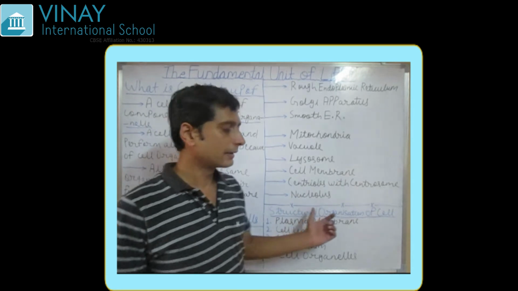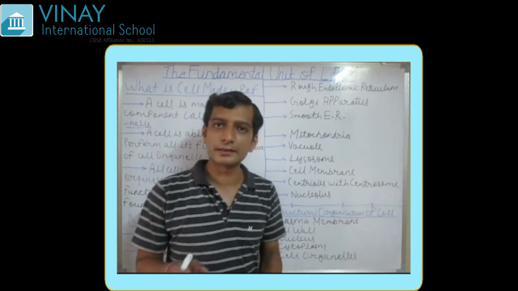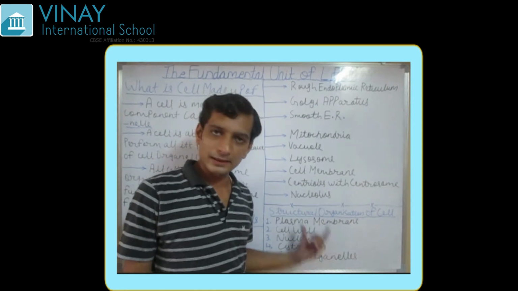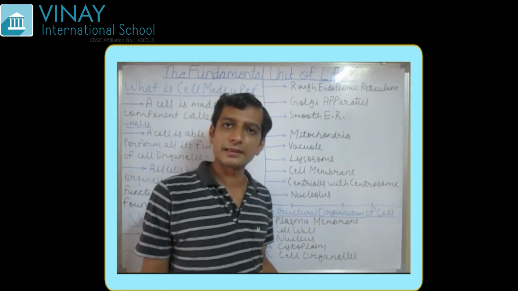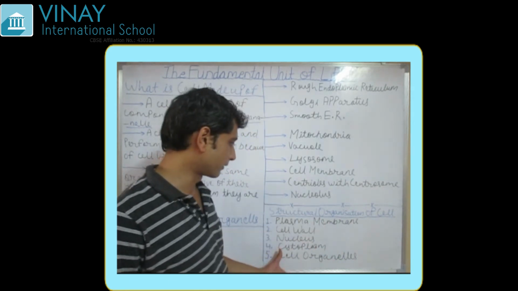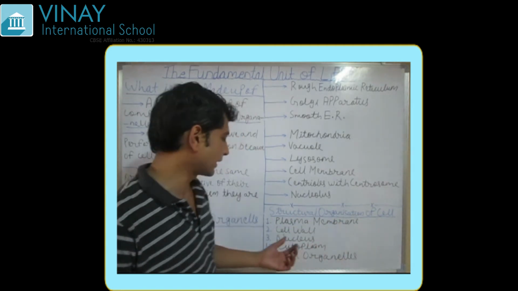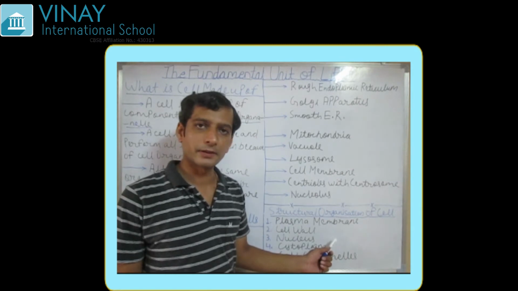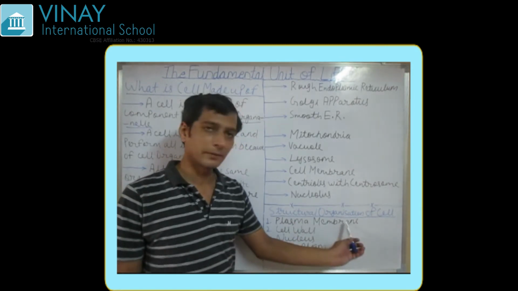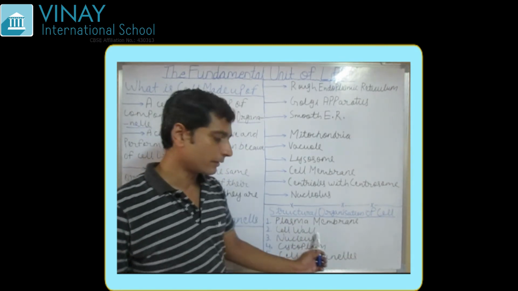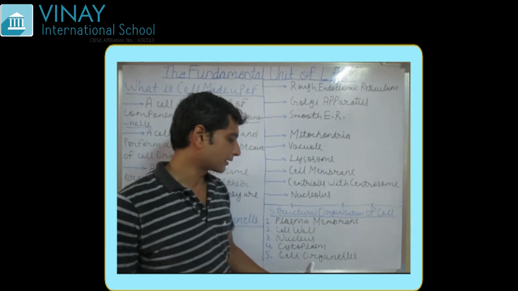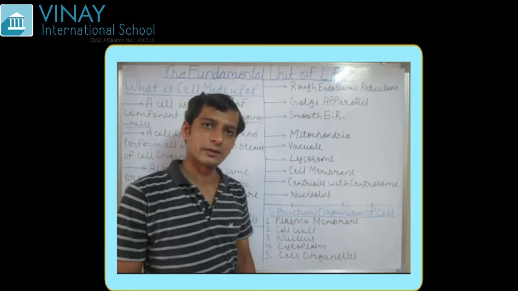Moving ahead, now the structural organization. It means the topics which we are going to see in the next slides are in the same sequence. Structural organization of the cell. In the next video, we are going to study the plasma membrane. Then we will move to the cell wall, then nucleus, cytoplasm, and at the last we are going to see the organelles.